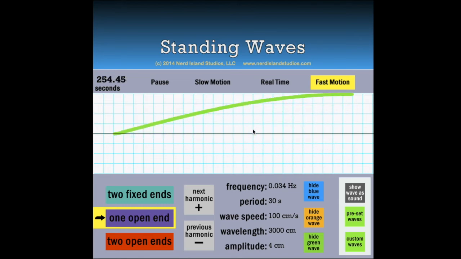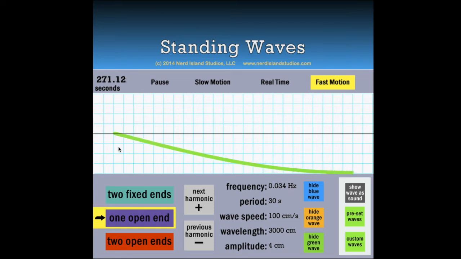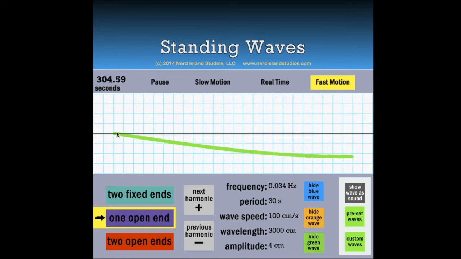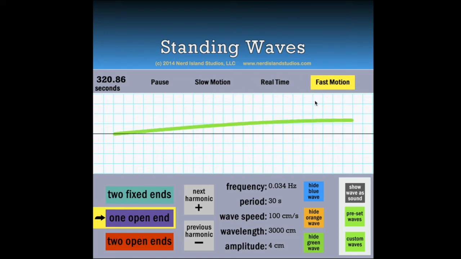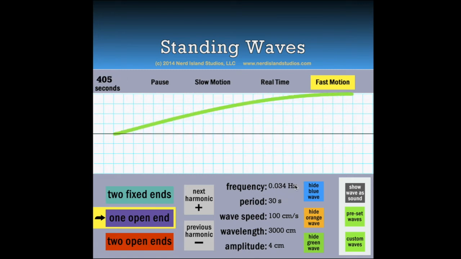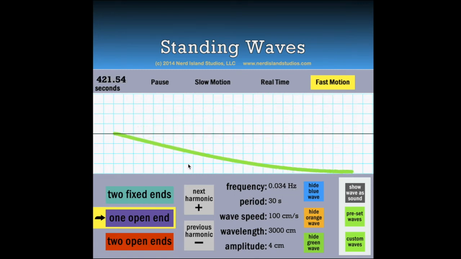Now, the key here is, what is the wave? How much of a wavelength do we have here? Well, we go from here and then up to the top of a crest. So we only actually have a quarter of a wavelength. A quarter of a wavelength. Okay? So how would I find the full wavelength?